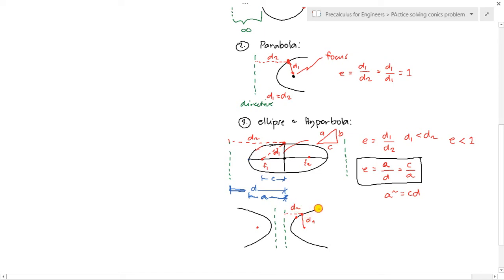If we draw it, we get the trend that E is equal to D1 over D2 again. This is the directrix and the fixed point.